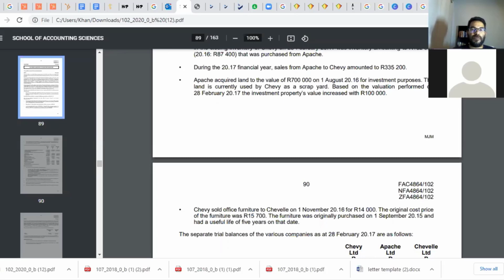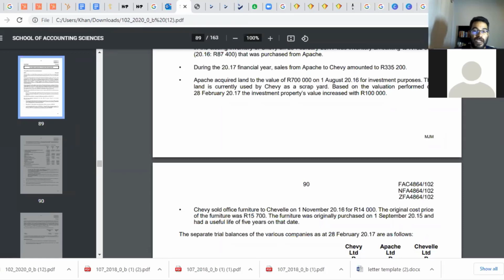If it was investment property, APAC would have said debit investment property, credit fair value gain, P&L. Now, because it's not investment property, we can't have a fair value gain, so we're going to have to eliminate that fair value gain. And then we'll have to have a look, how does the group measure PPE? Okay, so we will come to that when we read the company policies.